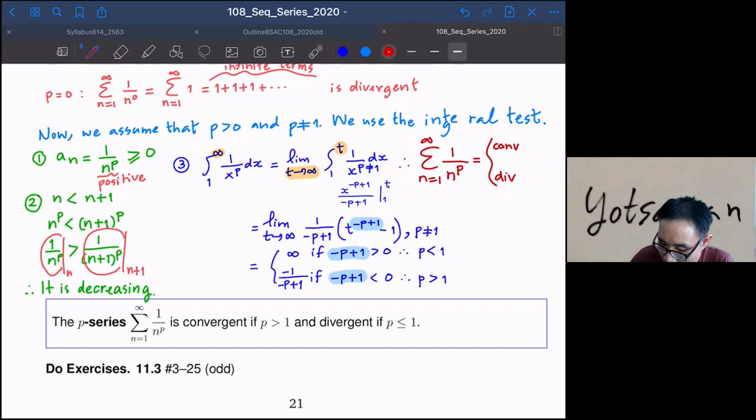So convergent if you have p more than 1, and if you have p less than or equal to 1, it's going to be divergent.